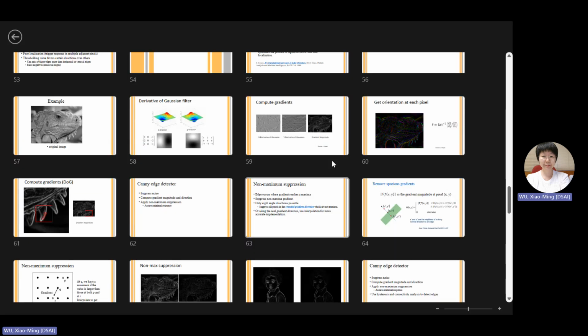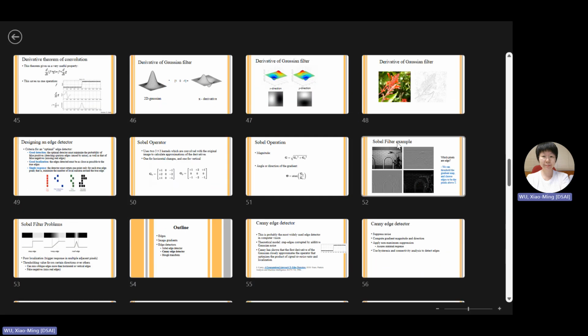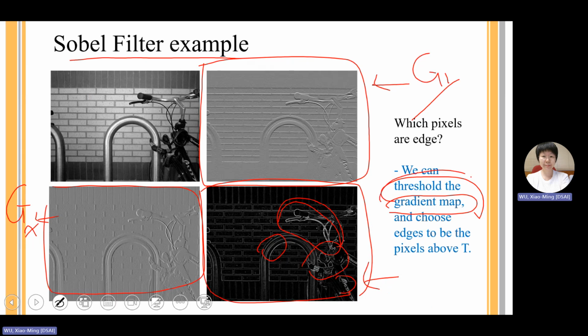That's some typical results if we just simply threshold the gradient map using a threshold. So it's difficult to choose a proper threshold. If you set the threshold too low, it retains too many details.